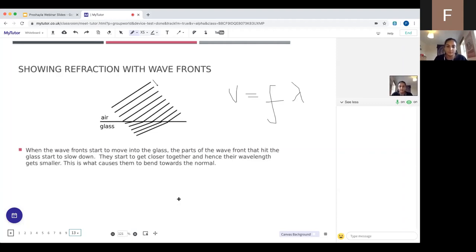Great, and we've had, what does V equals F lambda mean? If you were here yesterday, we did go through it, but if you weren't, not to worry. V stands for velocity, but formally we call it wave speed.